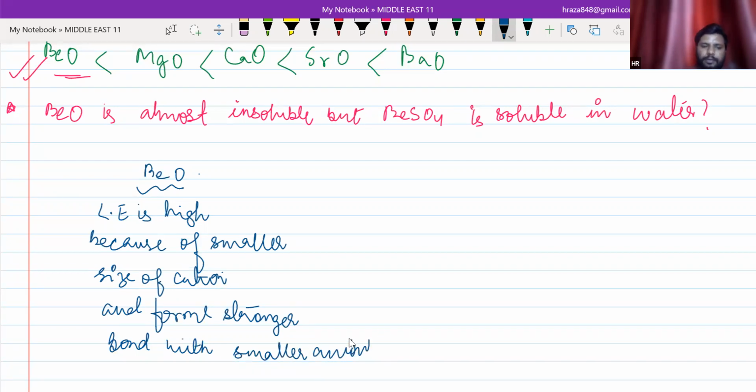That's why. But when we talk about beryllium sulfate, there is less lattice energy and more hydration enthalpy. So that's why. Okay.